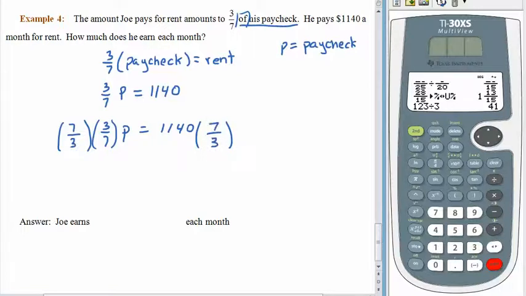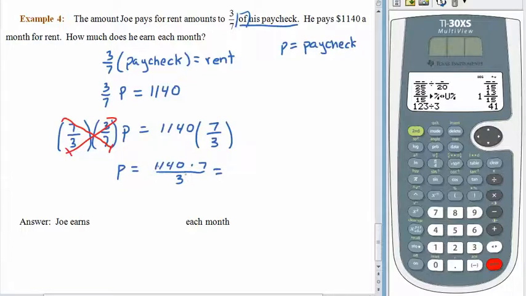And let's see what happens here. 7 over 7 is 1. 3 over 3 is 1. And that leaves us with P all by itself. On the right-hand side, we have 1,140 times 7, all divided by 3. Does 3 go into 1,140?